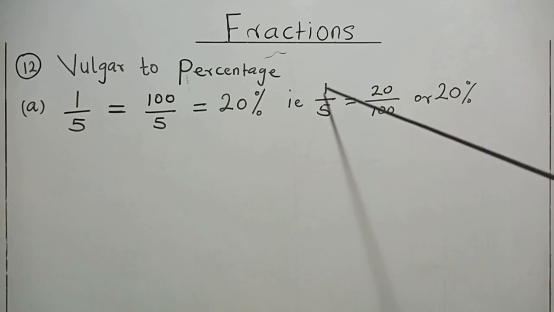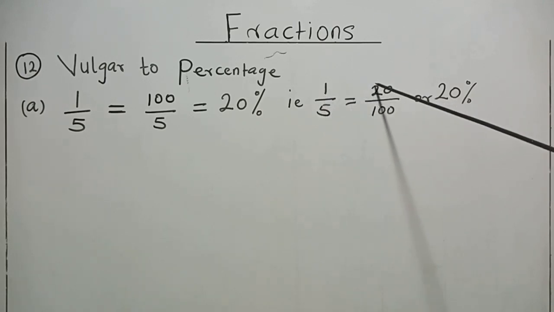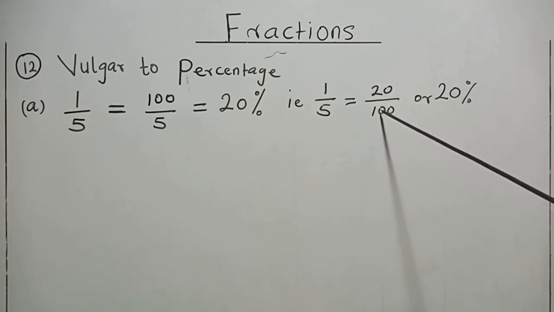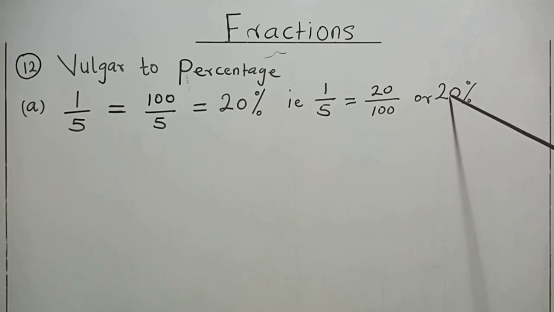Picking 1 out of 5 is equivalent to picking 20 out of 100. Reconsult equivalent fractions and you discover that that statement is true. A short way of writing 20 out of 100 is like this, 20%. So this is a symbol of over 100. I hope what happened here is clear to you.